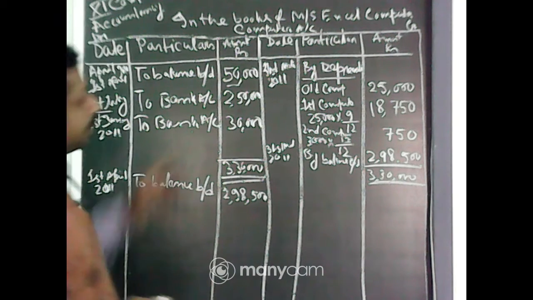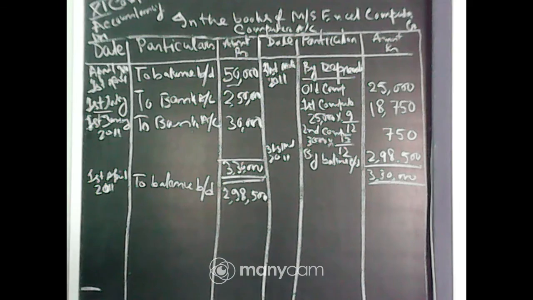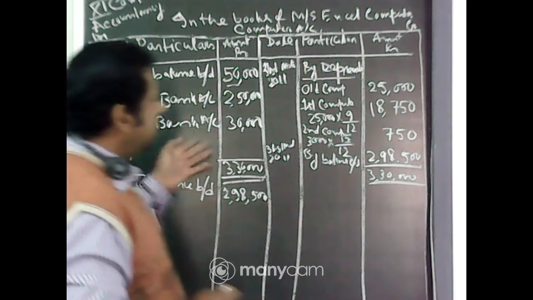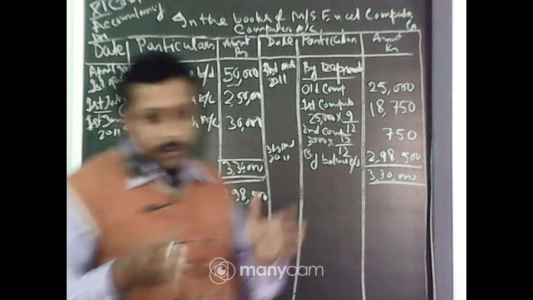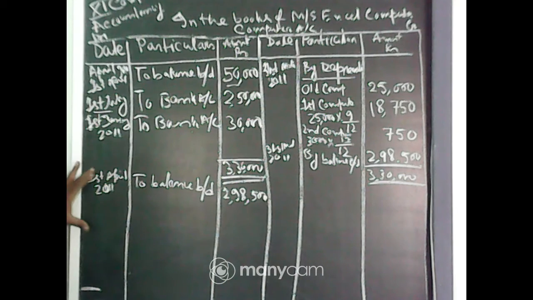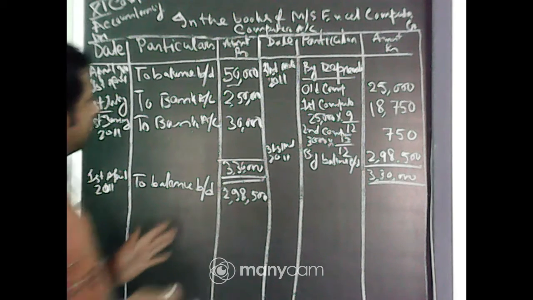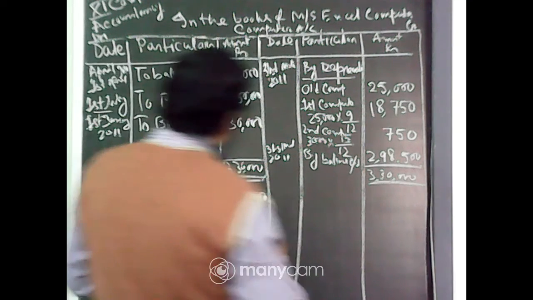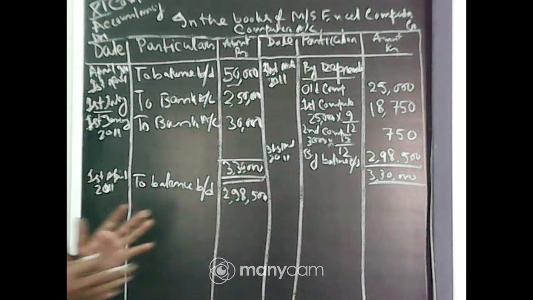Now, in the ledger, what have you actually done? In the ledger, you have to complete the ledger each and every year. This is the first year ledger. Then we will do the second year ledger. So, in the first year ledger, which side is greater?